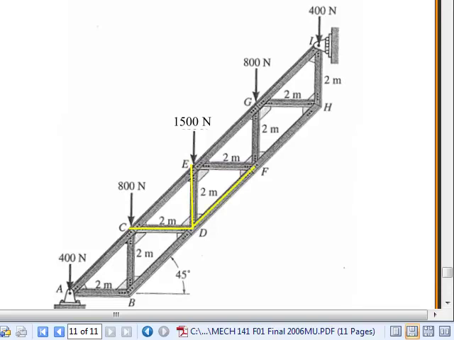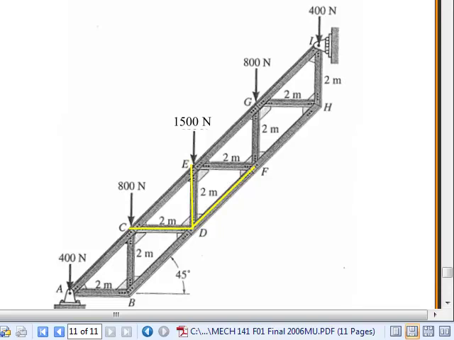I can't do a single section cut through all three of those, but I can do a single section cut to solve for two of them, and then just use the method of joints to find the other one based on the other two. Like I cut a section through here, and then when I'm finished finding these by the method of sections, I'd use method of joints on D, and there's only two missing forces there. That would be one method.